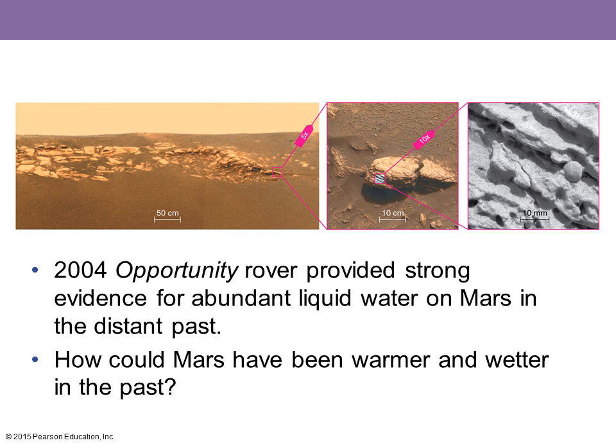This is a good glimpse of what the Opportunity rover found in 2004, that there appears to have been a much, much larger amount of liquid water on the surface of Mars in the past. So the question is, how could Mars have been warmer and wetter in the past?